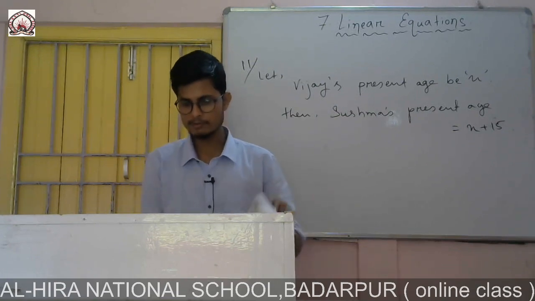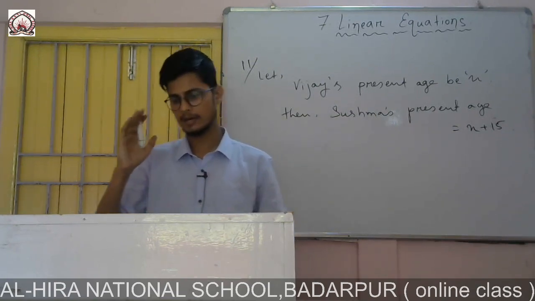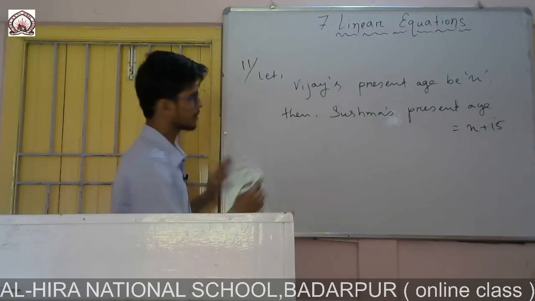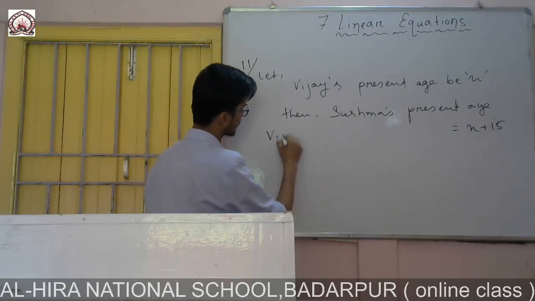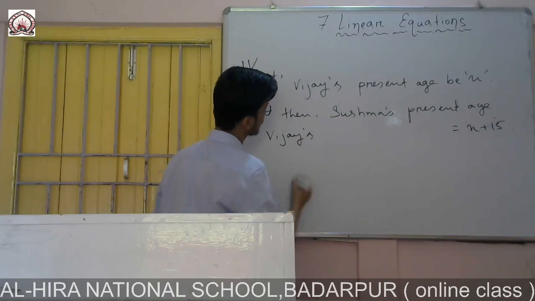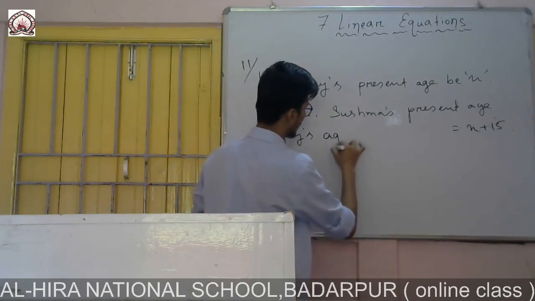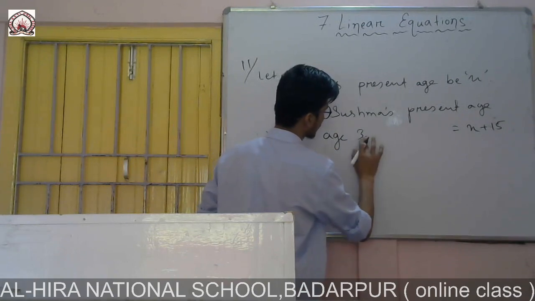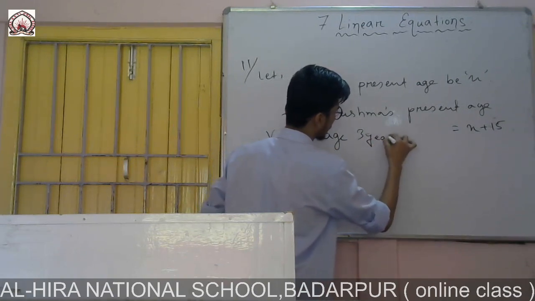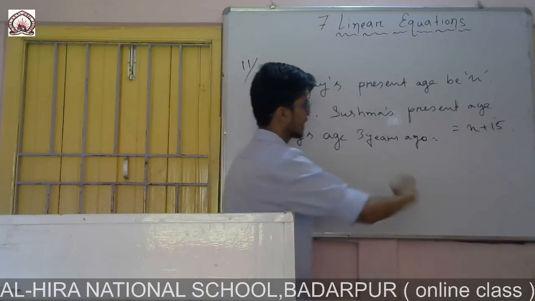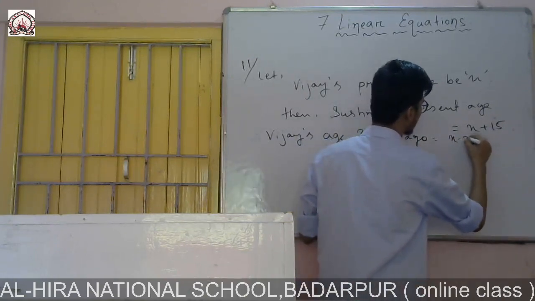So in case of Bijay, we will find what was his age 3 years ago. Ago means I have to subtract. So you write, therefore, Bijay's age 3 years ago will be equal to x minus 3, because ago means I have to subtract from the present age.